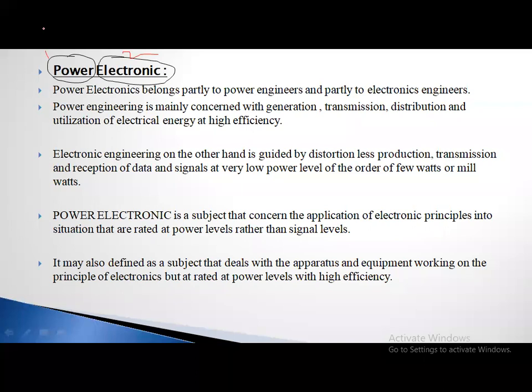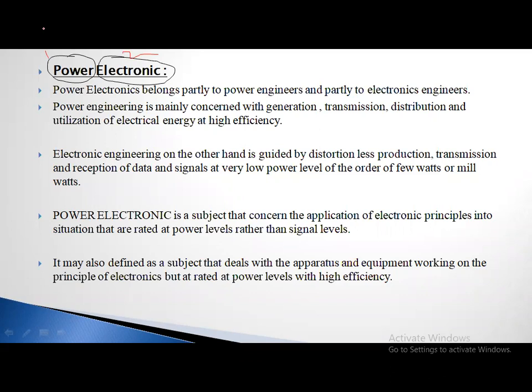But why do we have to discuss power electronics? The same electronic equipment or power semiconductor devices which are operated with high power levels, those devices can be called power electronics.